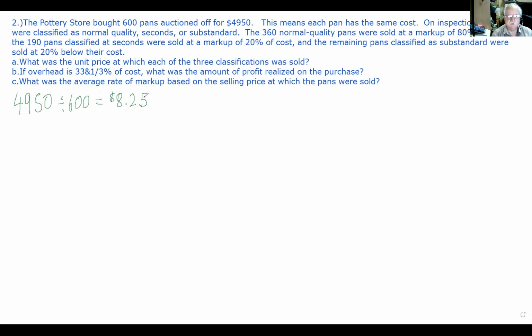We're definitely going to need that piece of information. On inspection, the pans were classified as normal, seconds, or substandard. So again, we have 3 categories to worry about. So let's deal with the normal first.